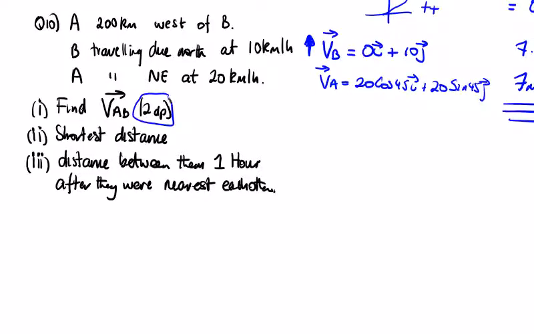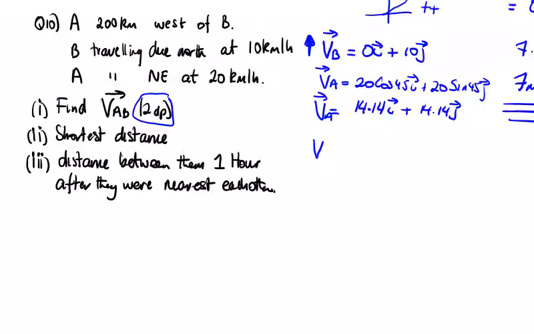We're asked for this correct at 2 decimal places, so let's put the velocity of A into decimals. So it's going to give me 14.14 in the i direction plus 14.14 in the j direction.